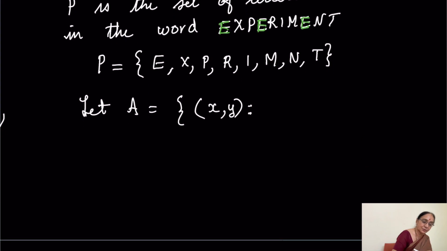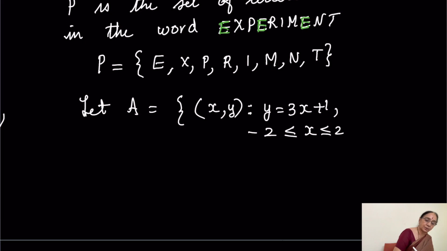The first one stands for x, the second number stands for y, such that y is equal to 3x plus 1, comma, and x takes the value between minus 2 and 2. So minus 2 less than or equal to x, less than or equal to 2. Both negative 2 and positive 2 are included. Now what is this? y is equal to mx plus 1.